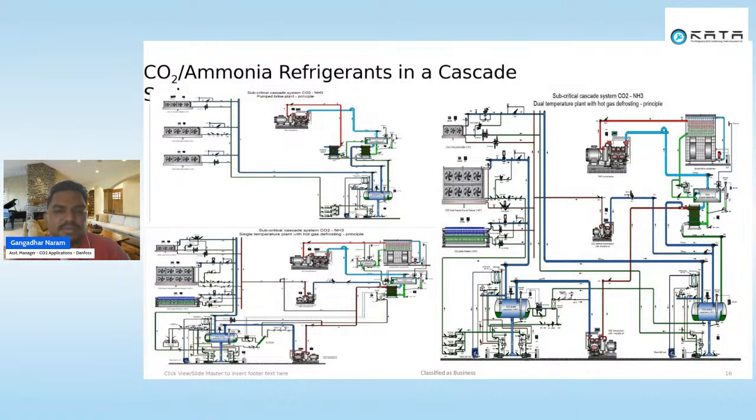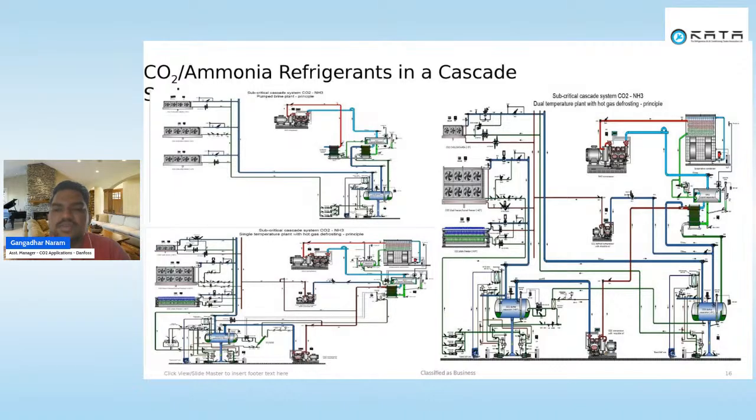For example, you can see this system. There are three evaporators, which may be operating at different temperatures. Maybe one is operating at minus 40, another at plus 5, something like that. All these evaporators can be taken care of by CO2, using one HP receiver, one CO2 compressor, and an LP receiver.